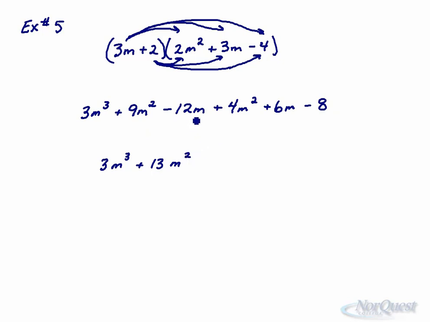Minus 12m plus 6m gives me minus 6m, minus 8. So in this case, I ended up with a 4-term polynomial after my expansion. Expand out the brackets, collect like terms. Whether it's a binomial, trinomial, perfect square trinomial, or difference of squares, you always use the same process.